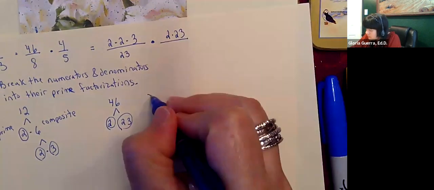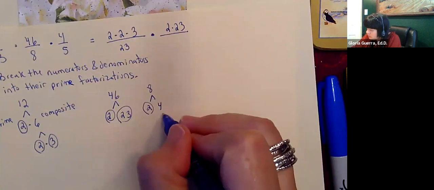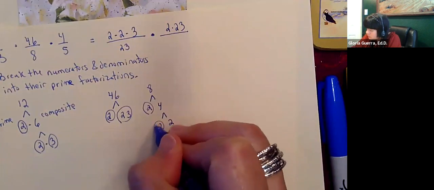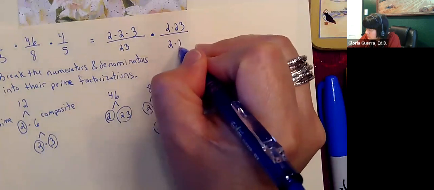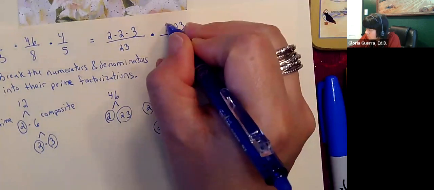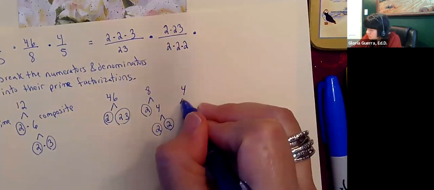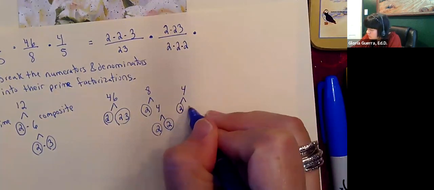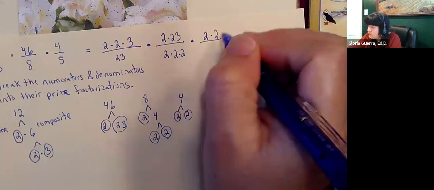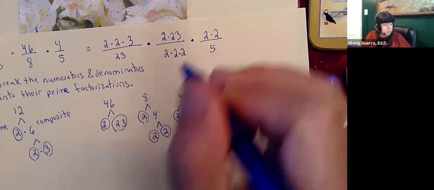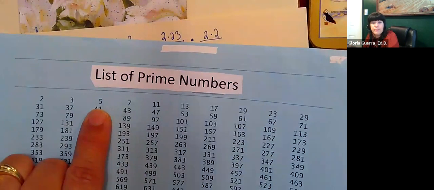And 8 can become 2 times 4, and 4 can become 2 times 2. So you have 2 times 2 times 2. And 4 is just 2 times 2. And then 5 is prime. 5 cannot be broken down, and 5 is a prime number.